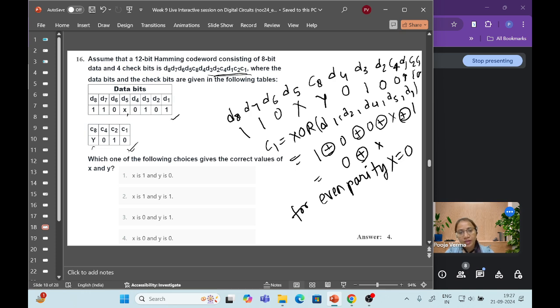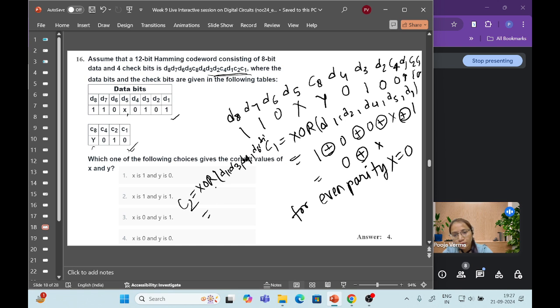Now similarly we have to find the value of C2. C2 is the XOR of D1, D3, D4, D6 and D7.